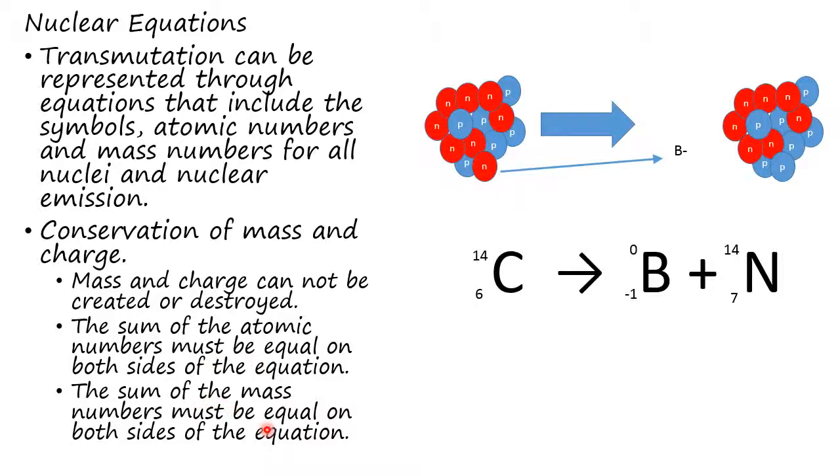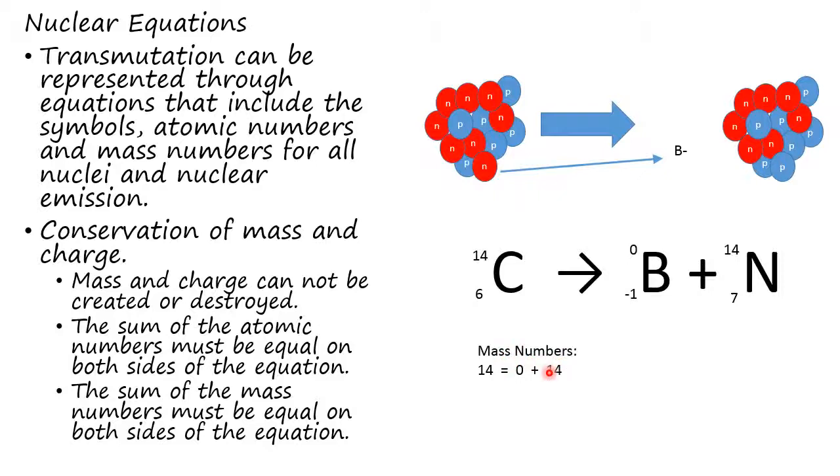So if we're looking at this equation again, and we analyze just the mass numbers, so these top numbers here, we can treat this arrow as an equal sign and see if mathematically the mass on this side of the arrow is equal to the mass on this side. And so if we set this up as an algebraic expression where the arrow now becomes an equal sign, we have 14 equals 0 plus 14.